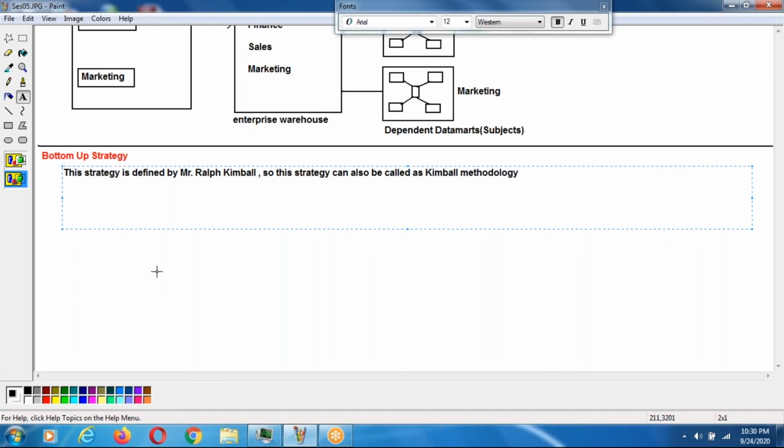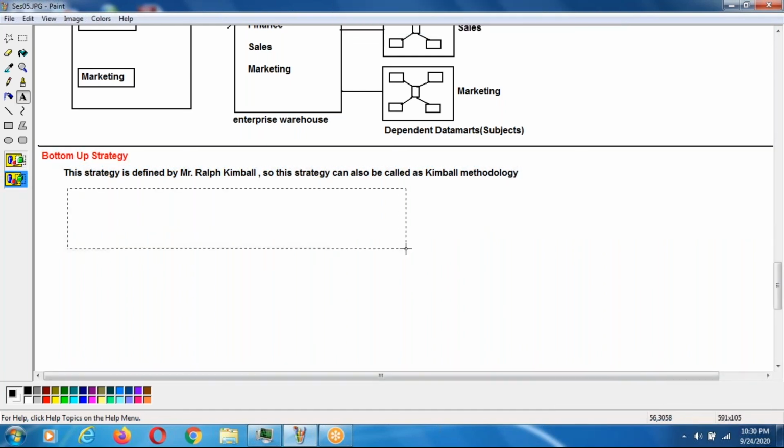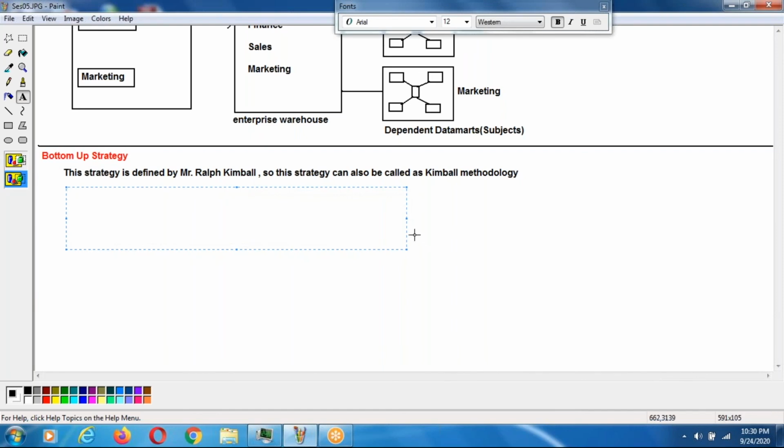Now what he is saying is like a reverse process. First of all, he says to create the subjects before the enterprise warehouse.